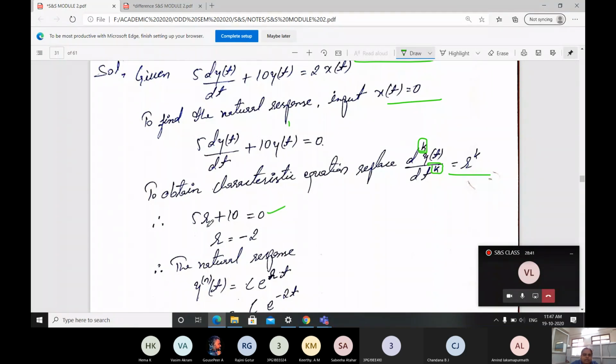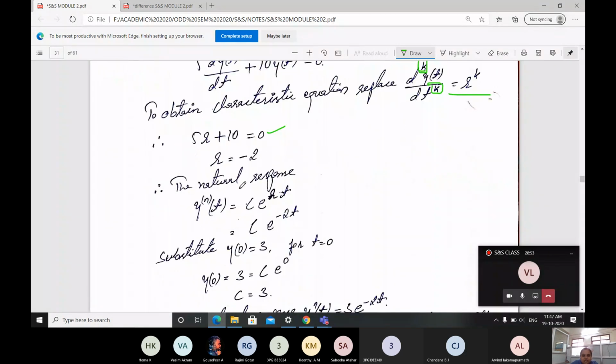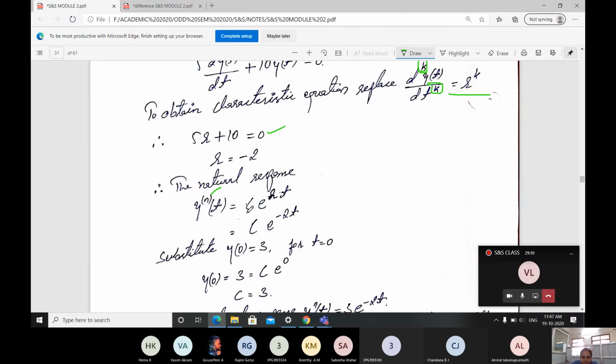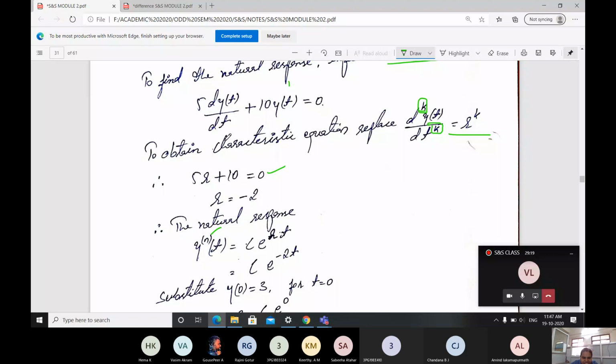From this, find the value of r. After solving, it is an easy calculation, r is going to be minus 2. Therefore the natural response y_n(t) is c_i e^(r_i t). Here i means 1 only, because only one term is there.